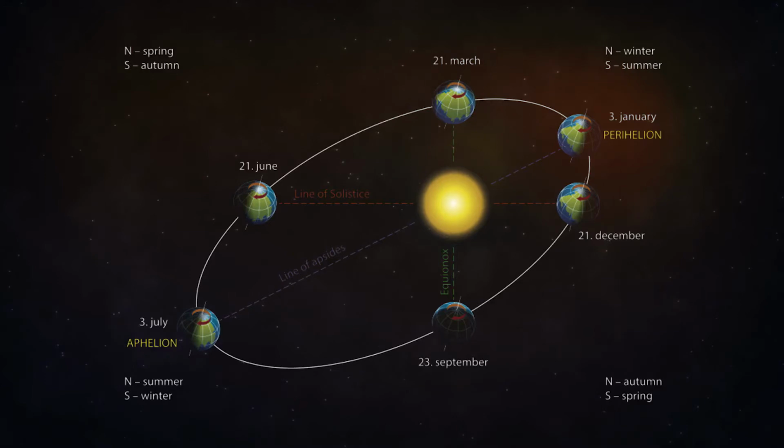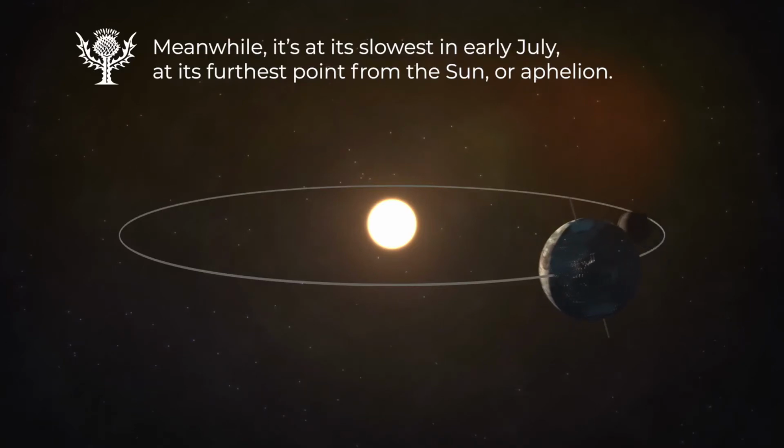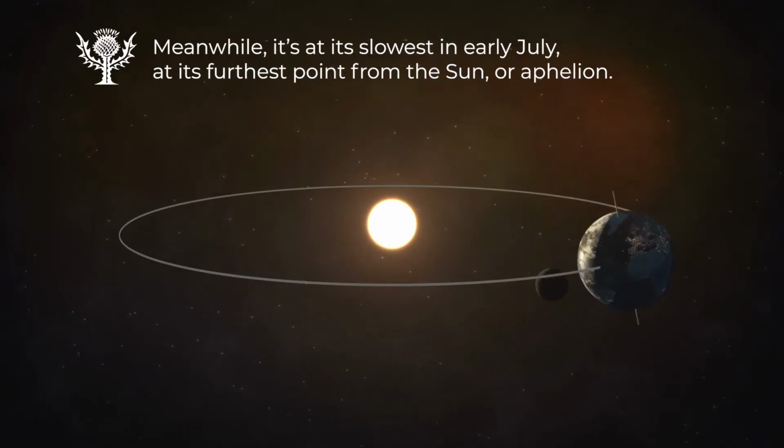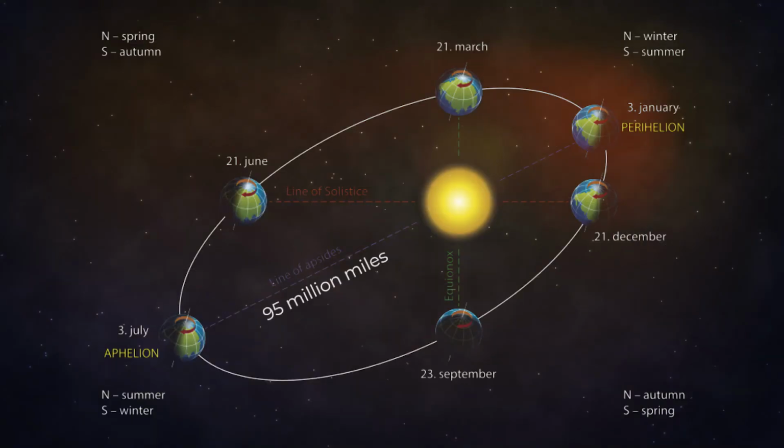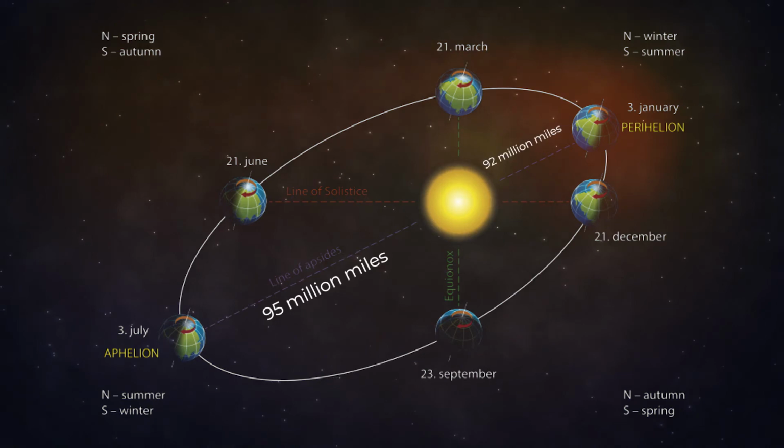Meanwhile, it's at its slowest in early July, at its farthest point from the Sun, or aphelion. That distance is around 95 million miles. That difference of 3 million may not sound like a lot, but it makes a big difference in the speed of the Earth.